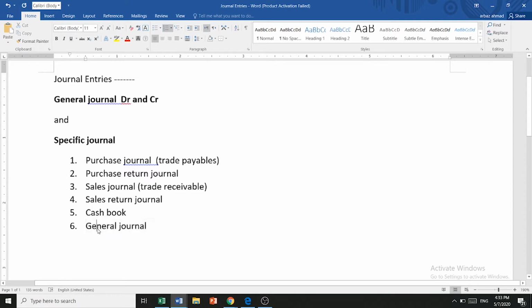Okay, so in the journal we are also going to write the narrative for why this is something that is not classified, or why the transaction is not going into these accounts and is going to the journal. Coming back to the cash book, it is used if we are paying something or receiving something in cash.